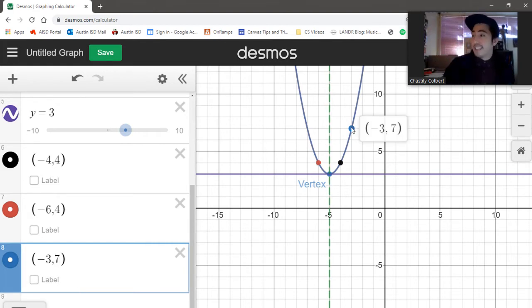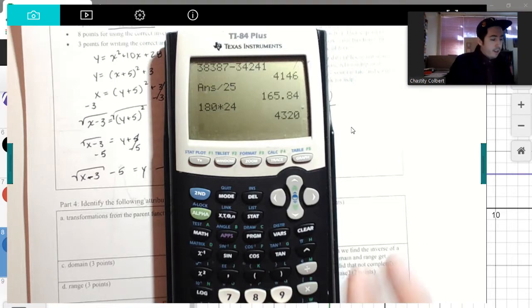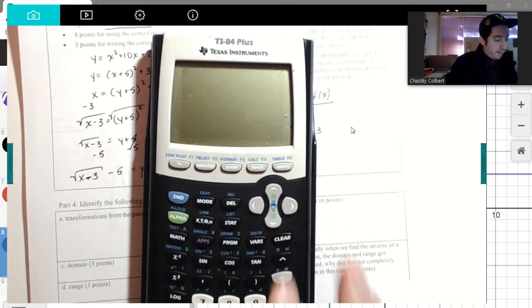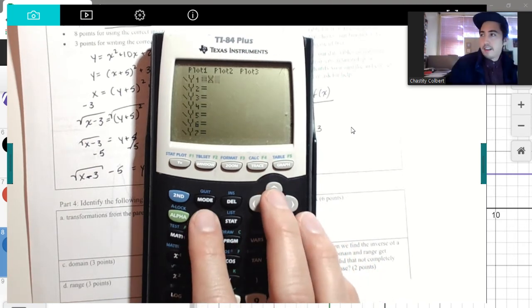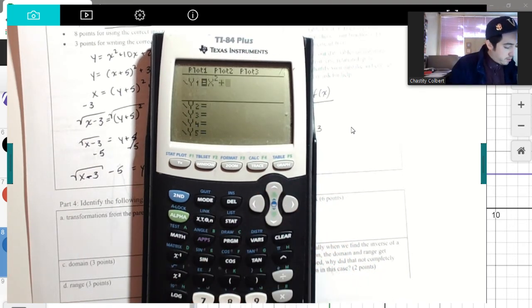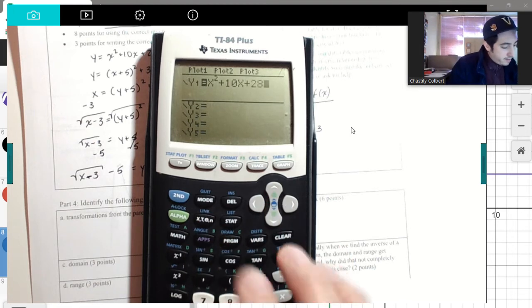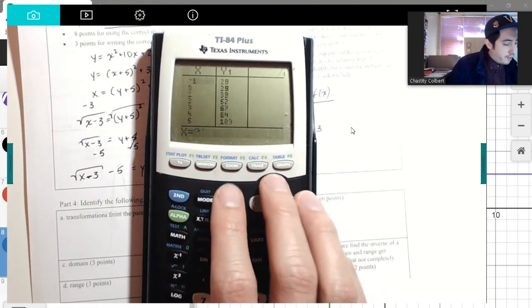I guess honestly the easiest way to show this would be with the table, to actually use a calculator if you have a calculator. Let's do it that way. So y equals, I'll write it again. Figure out however you want. You make it x squared plus 10x plus 28. Look at your table, and here's the values.